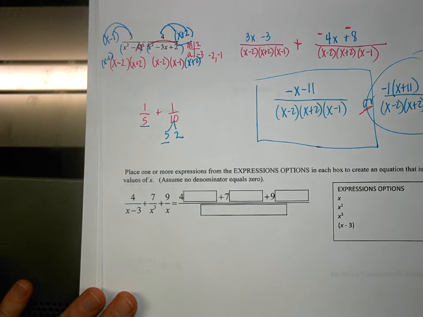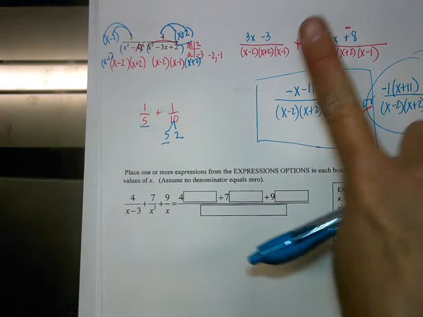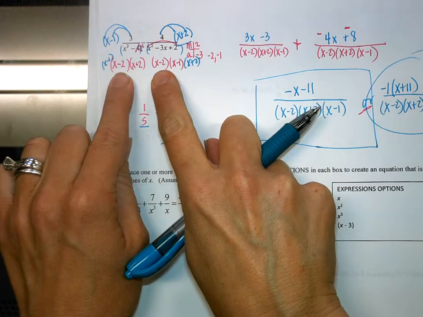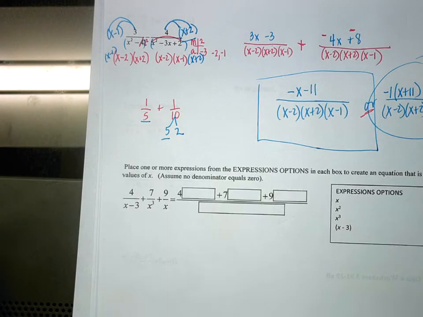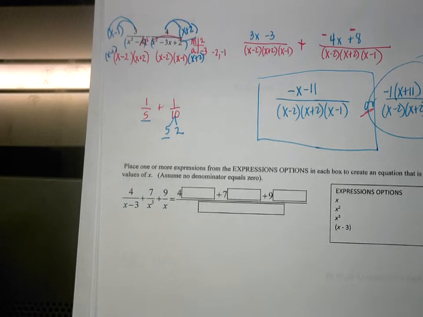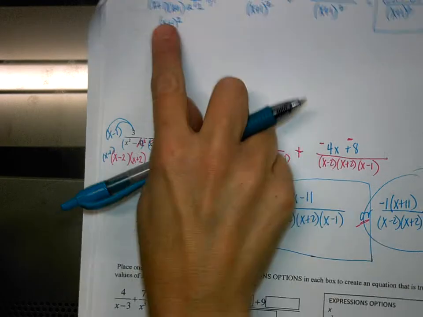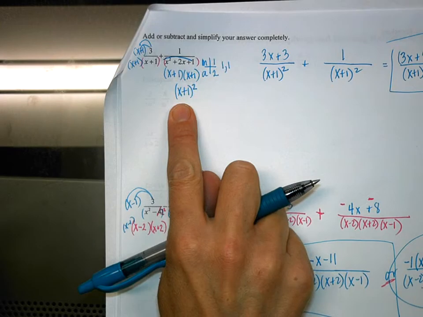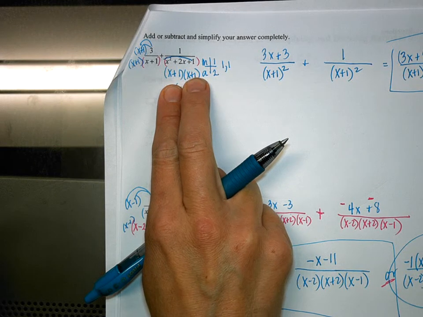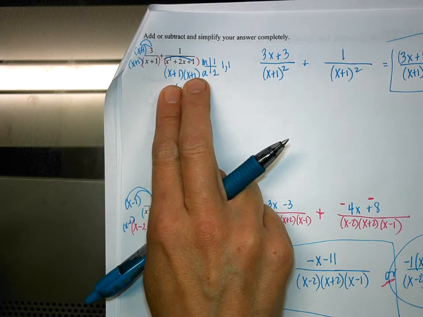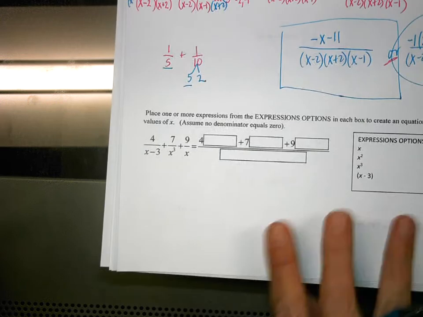Because these each have x minus 2's, it's just like they each had a 5. So you only have to write the x minus 2 once, since they each just have an x minus 2. The reason why we had to have 2 on this one is because this one had 2 of them. Right. Okay? All right, any other questions right now?